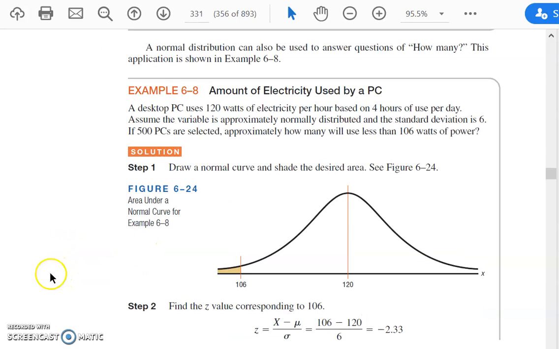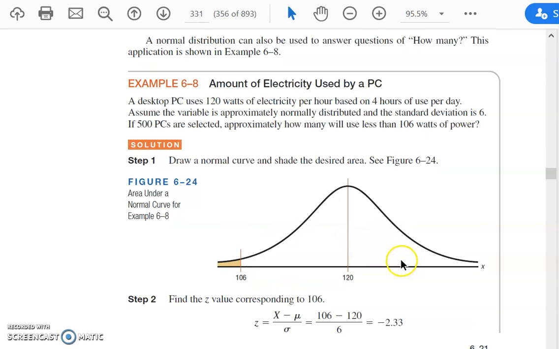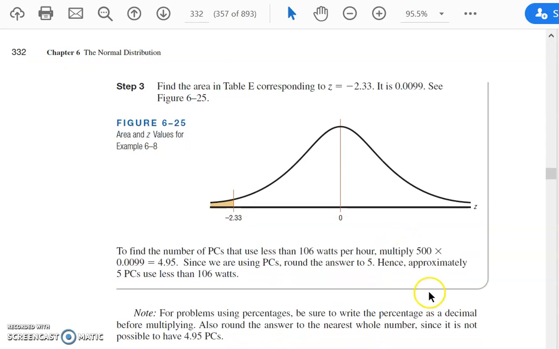Same concept we've been doing all along. Draw the curve. 106, this is in the X universe, not X-Man universe, the X universe, the original data universe. Find the Z value. That's negative 2.33. So here's my corresponding curve. I go to the left, so from the table it tells me it's 0.0099.